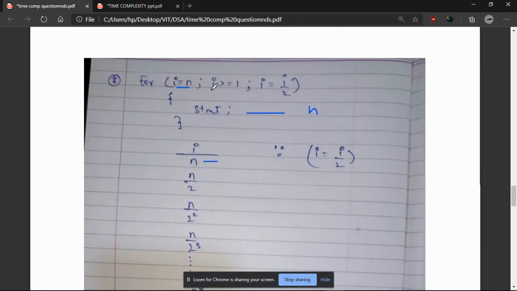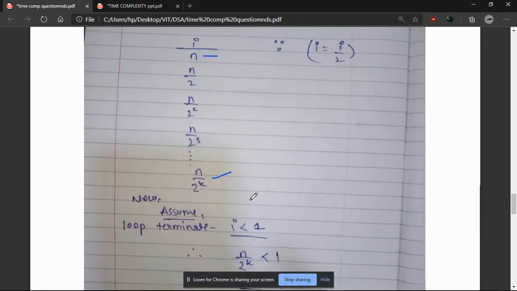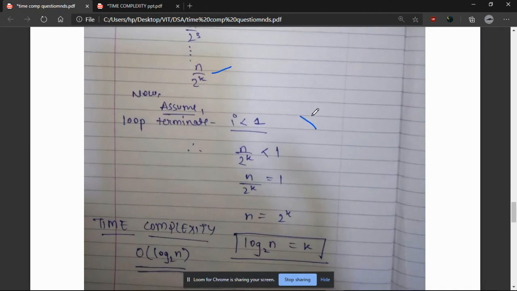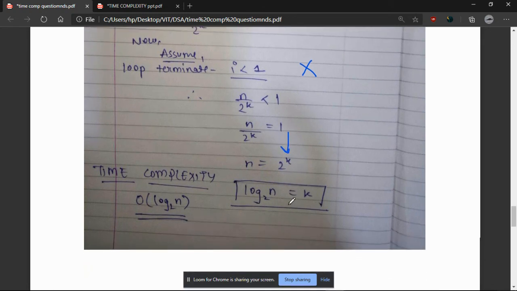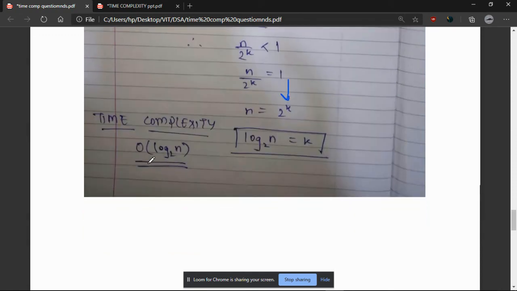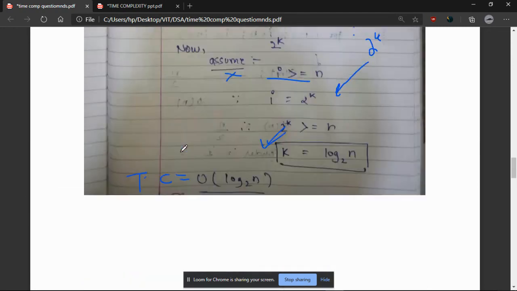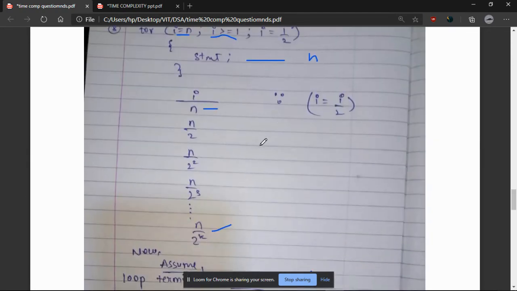Now we have the condition i greater than or equal to 1, and if we get i less than or equal to 1, the program stops. So we substitute it, we get n by 2 to the power k less than 1, and similarly after solving we get log n to the base 2 equals k. So the time complexity here will be big O of log n to the base 2. Both of them are similar, but the approach is very different.